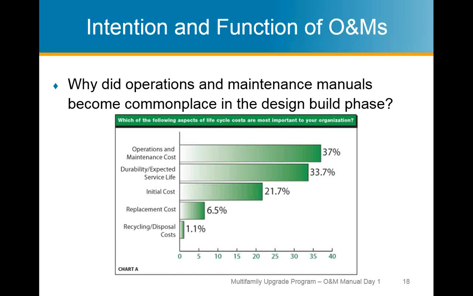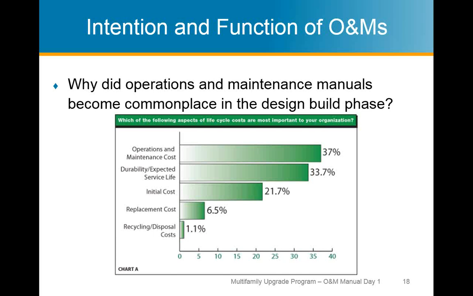So this survey was posed to facility management executives, and their responses can be summarized in these 5 points on the left. Operations and maintenance costs, durability / expected life services, initial cost, replacement costs, and lastly, recycling and disposable costs.